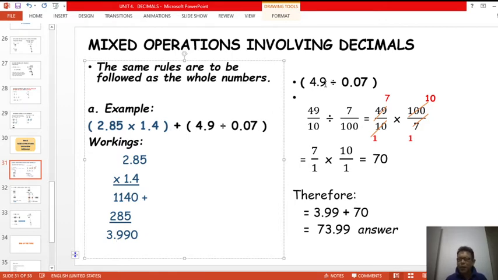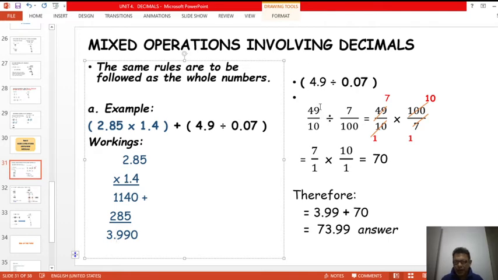We get 4.9 divided by 0.07. So here we're going to use the relationship between decimals and fractions. Let's use what we've learned in our previous videos.